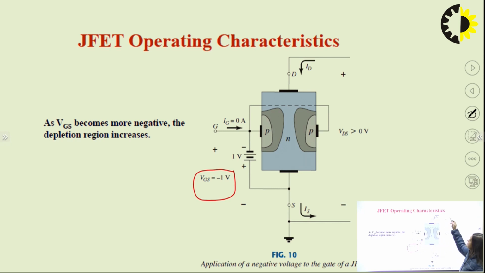We connect the drain and source in such a way that the source will emit the charge carriers, and it is the N channel.